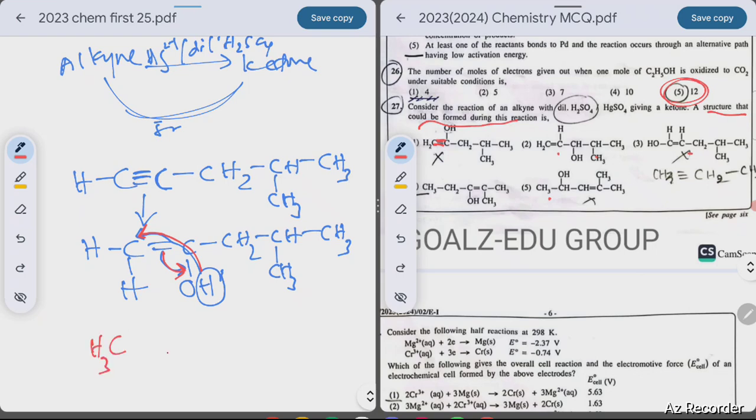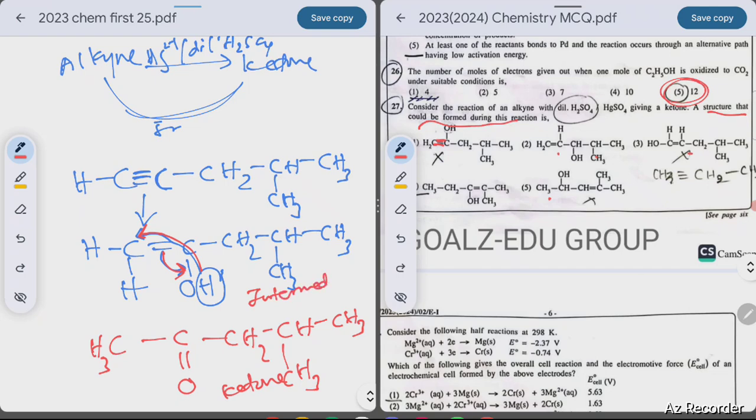Now, there are 3 H, CH3, then here CO, CH2, CH, CH3, CH3. So, a ketone is formed in this way. So, this is the intermediate. Right? This is the intermediate. So, the first is correct itself. Right? First is the answer. Answer is 1.